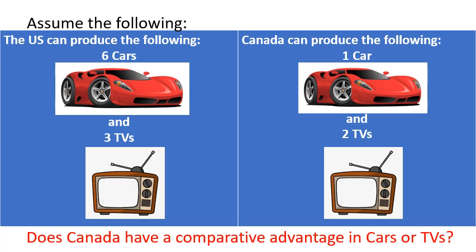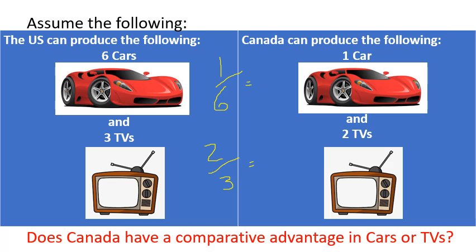But I want to show you how the math, the way that we did the ratios, can prove this out as well. Here we take the number of cars that Canada can produce, which is 1, over the number of cars that the US can produce, which is 6. That's 1/6. Now we do the same thing with televisions: 2 over 3.